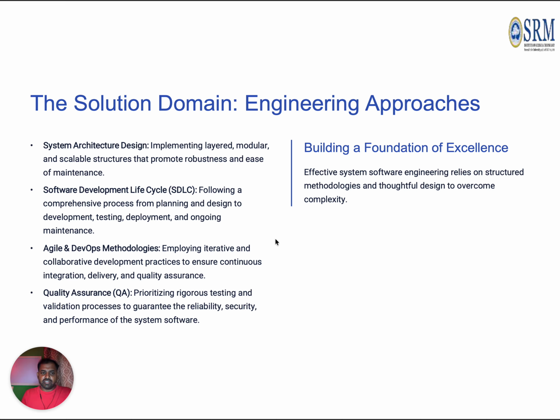First you need to design the architecture where the system software is going to run, and then you have to focus on the development cycle, like first the system development cycle, and then there are different methodologies you are going to use to develop this, for example agile methodologies or DevOps, etc. And finally the quality assurance, the guarantee you are giving to your software.